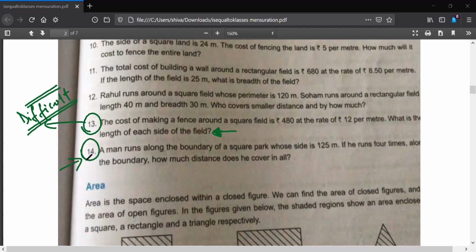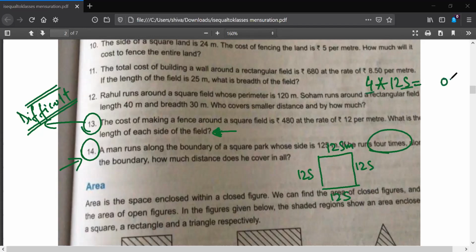So 220 meters. Okay. So, square park, each side is 125 meter. He runs 4 times. So when he runs once, what is the distance that he covers?